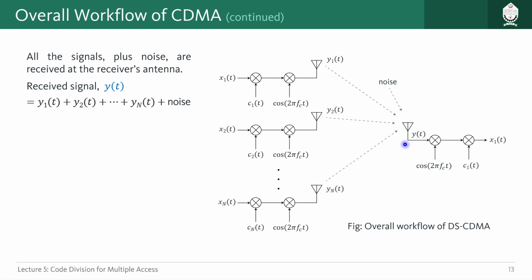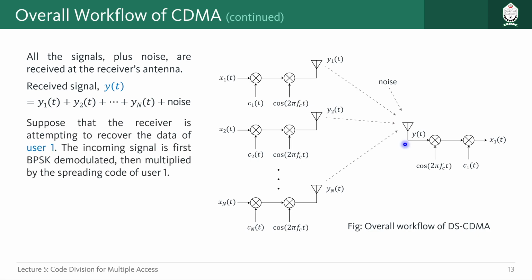This will be received by our receiver, which is y of t. And at the receiver, if we have the spreading sequence of our intended user, whichever signal we want to retrieve, we can just easily extract that, right? So here, for example, we are showing that we want to retrieve the signal coming from user 1. So we have to use that particular spreading sequence, C1 of user 1, right?